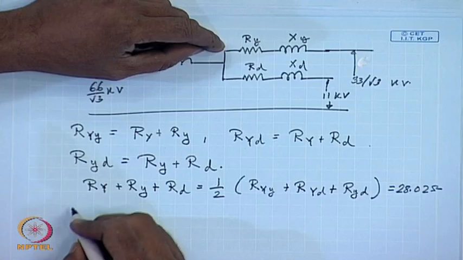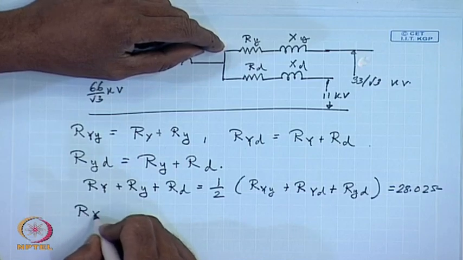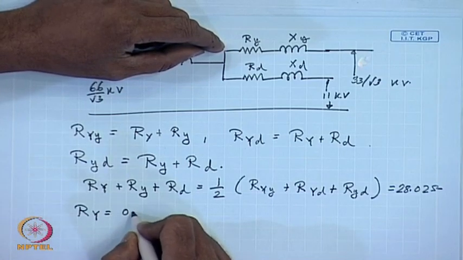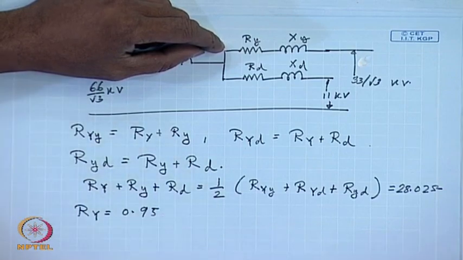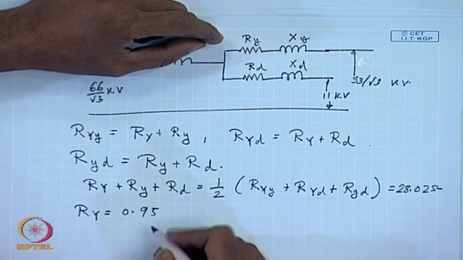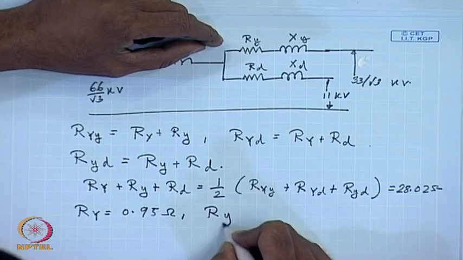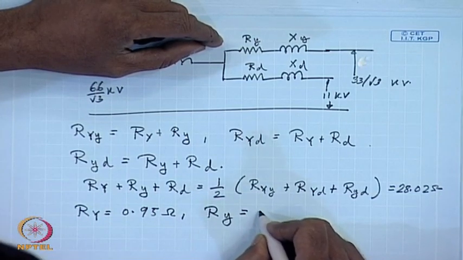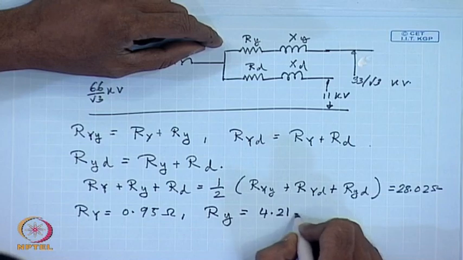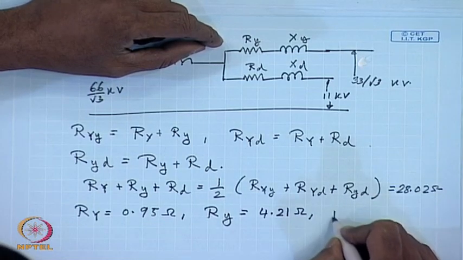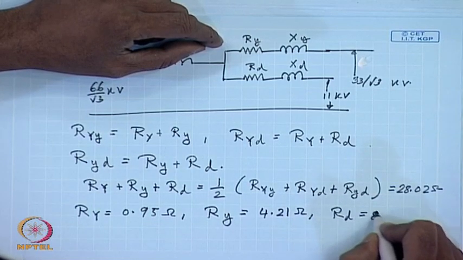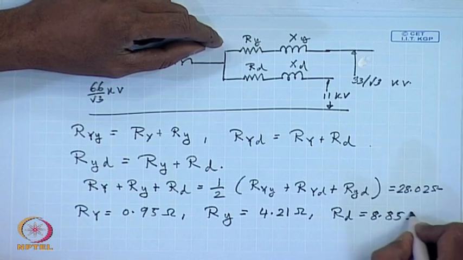Hence, from here we can find out R capital Y equal to 0.95 ohm, R small y comes to 4.21 ohm and R small d comes to 8.85 ohm.